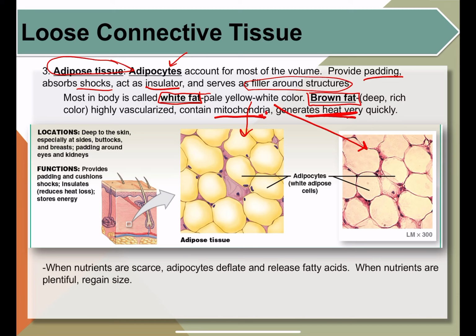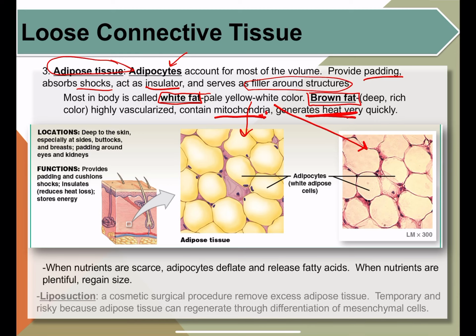Okay, now, when nutrients are scarce, okay, remember adipose tissue is what's providing that energy storage. So when nutrients are scarce, we need to burn some of that fat from our adipose cells.